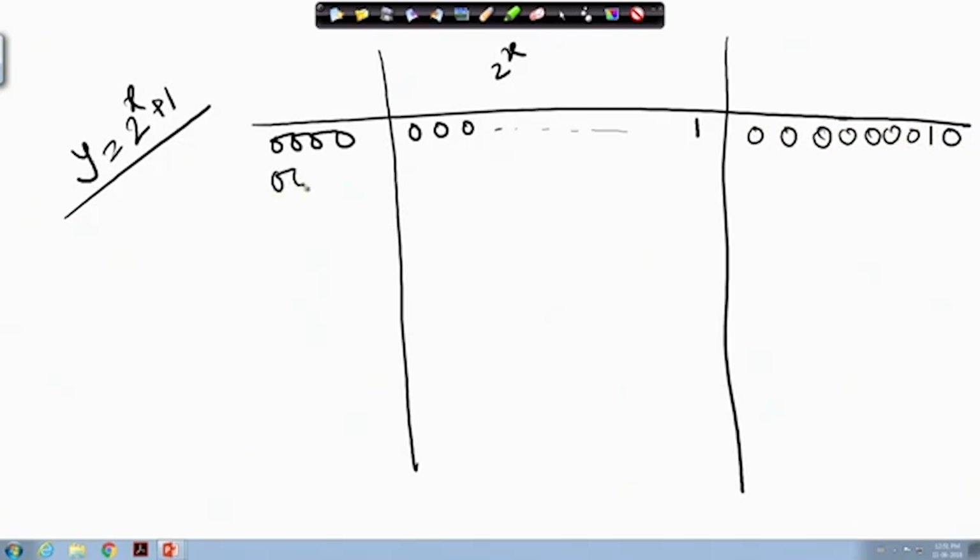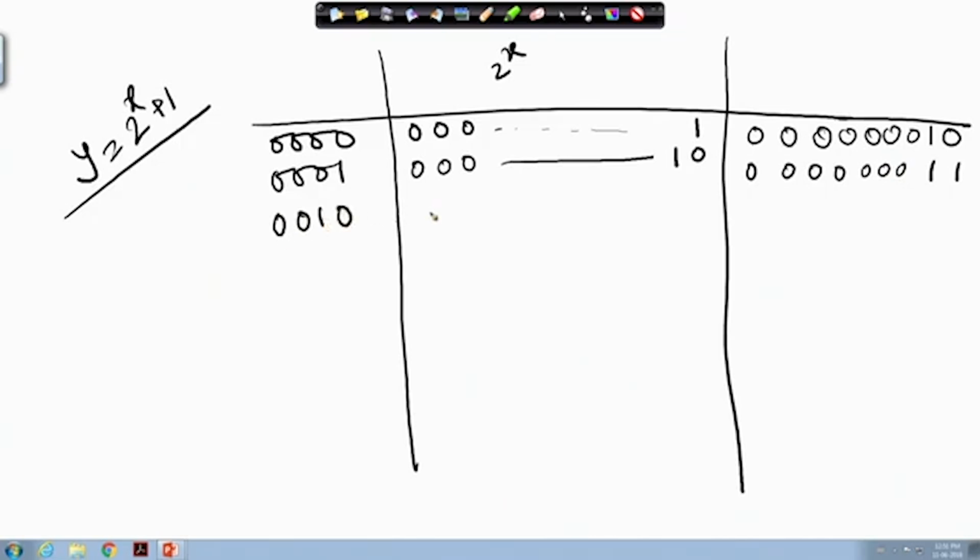Then for 0 0 0 1, this is 0 and 1, and what will it be? It will be this. Okay. Then for 4, for 2, this is 4.